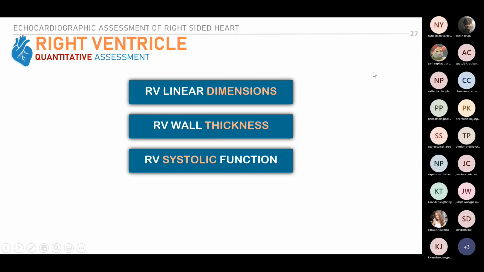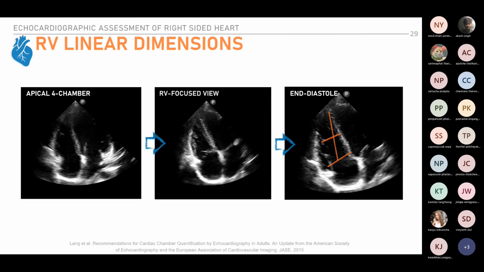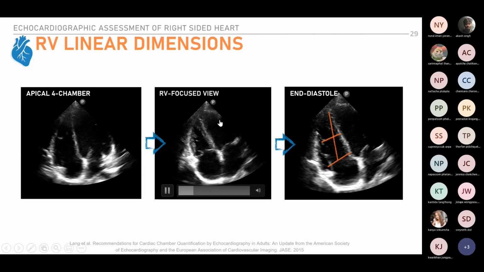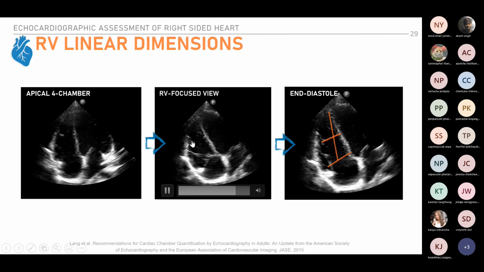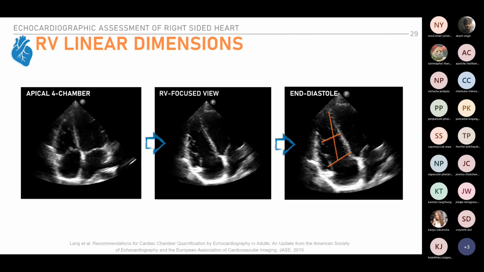Quantitative assessment of the RV includes RV linear dimension, RV wall thickness, and RV systolic function. RV linear dimension consists of six measurements: RV basal, RV mid, longitudinal diameter, RVOT diameter at parasternal long axis, and RVOT proximal and distal part. To measure RV linear dimension, use the RV focused view, which is obtained by moving the transducer laterally.